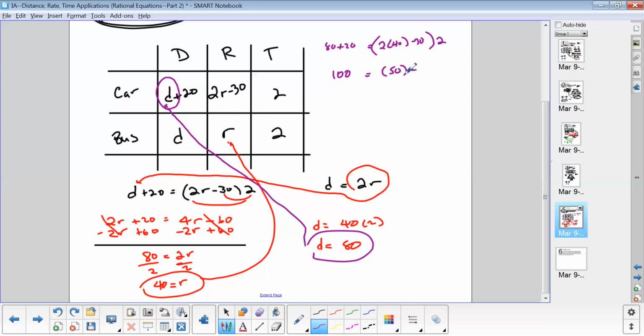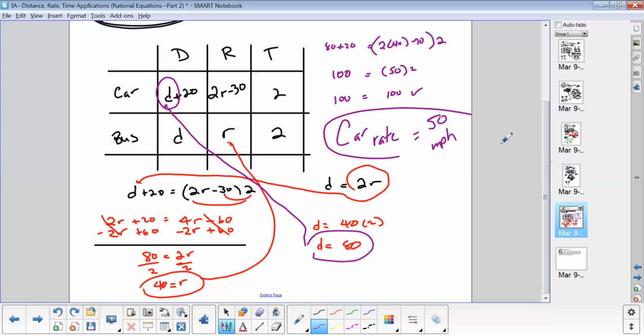And 50 times 2 is 100. So it just shows that the speed of the bus was 40. So that means the speed of the car had to be 40 times 2, which is 80. 80 minus 30 is 50. So the car's rate is 50 miles per hour.